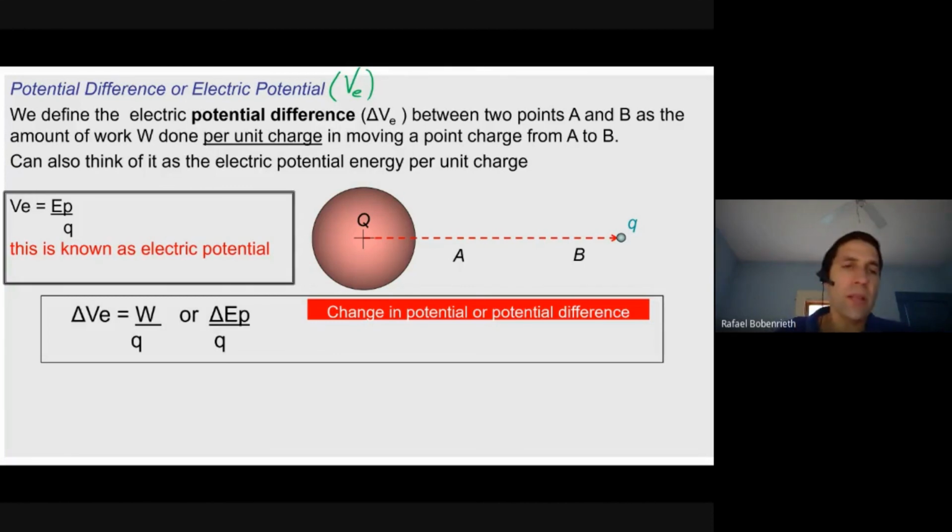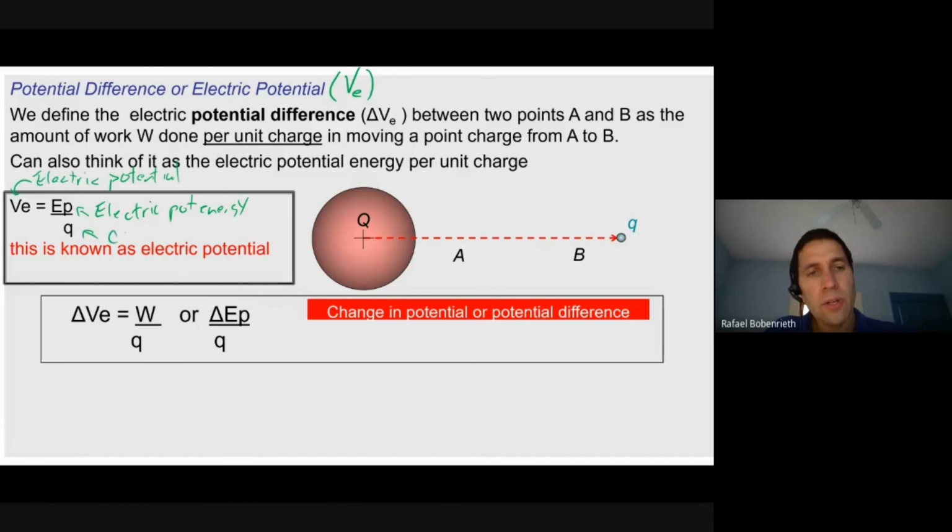Okay? So a couple of equations I want to talk about here. First of all, this top one on the left. Notice here it says V_E equals E_P over q. This V_E, remember, is electric potential. The E_P is the electric potential energy, and that's in joules.